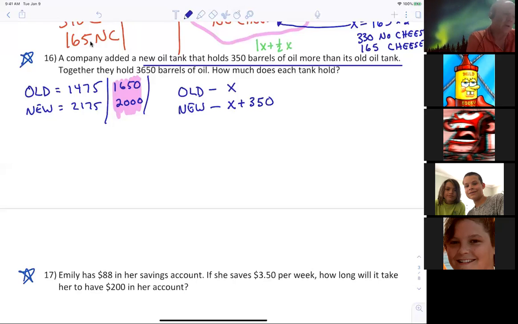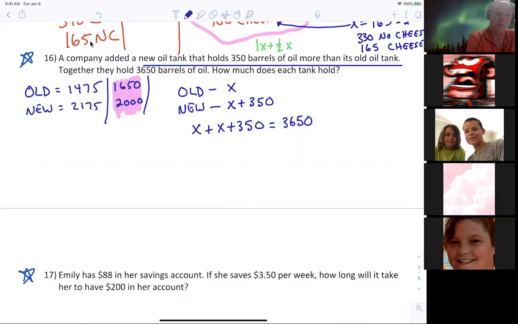Now together, the old and the new means to add them up. X plus 350 equals 3,650. Does everybody agree with that? Yes. All right, now X plus X today we'll call 2X.